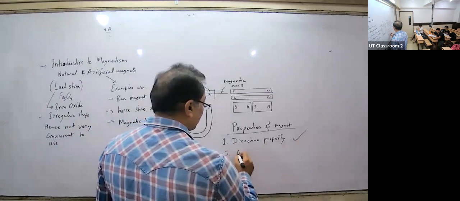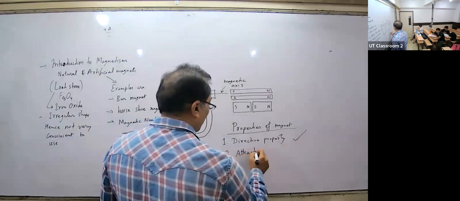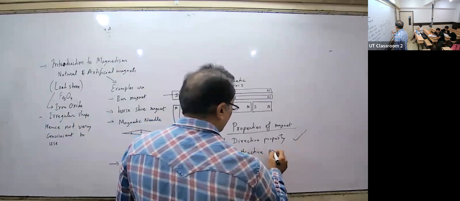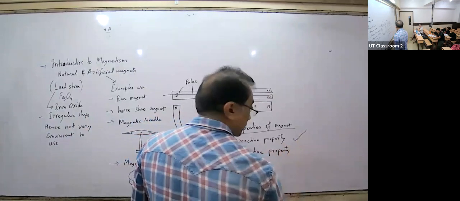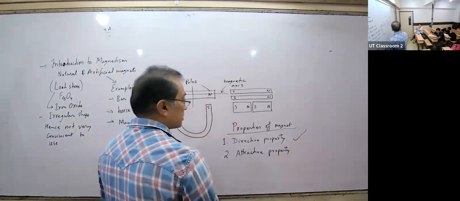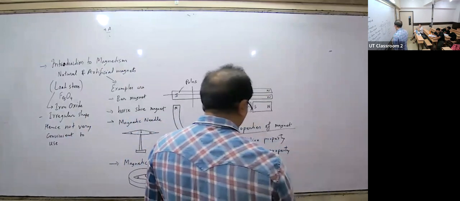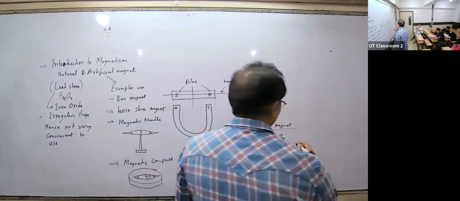Second is attractive property. What is it? Unlike poles attracting, yes, you can say that, but it is something else also.